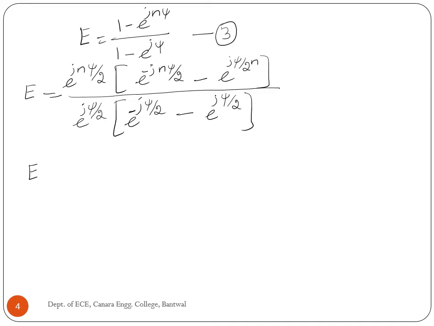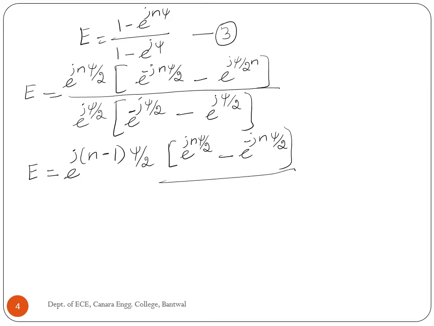Therefore, total field intensity E is equal to e to the power j n minus 1 xi by 2, and in the numerator I can write e to the power j n xi by 2 minus e to the power minus j n xi by 2 divided by e to the power j xi by 2 minus e to the power minus j xi by 2.